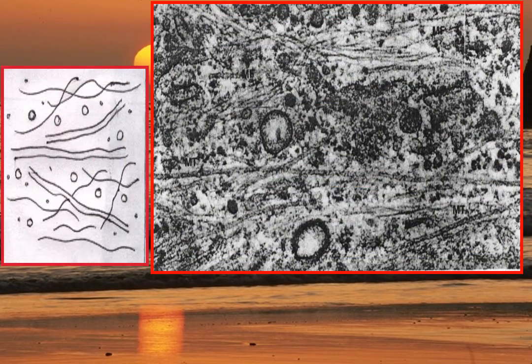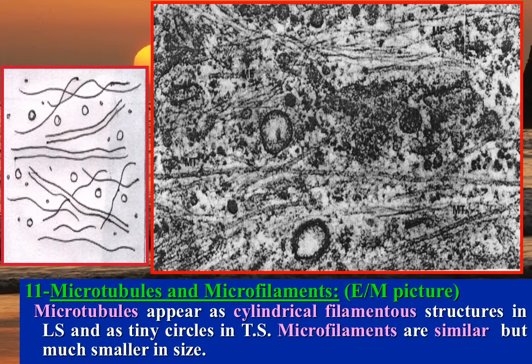Microtubules and microfilaments. By electron microscope, microtubules appear as cylindrical filamentous structures in longitudinal sections and as tiny circles in transverse sections. Also, microfilaments are similar but much smaller in size.